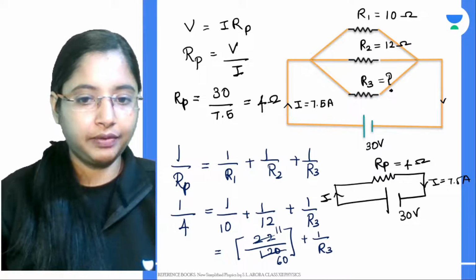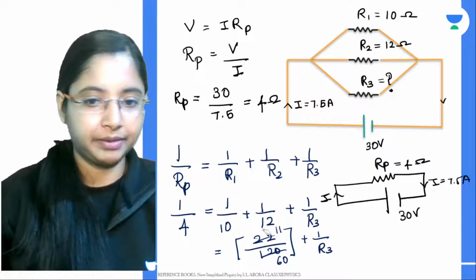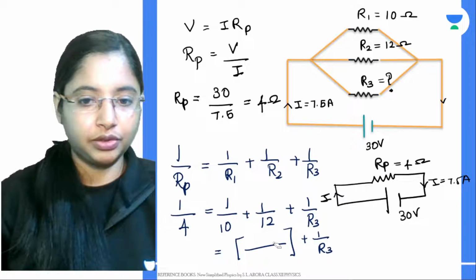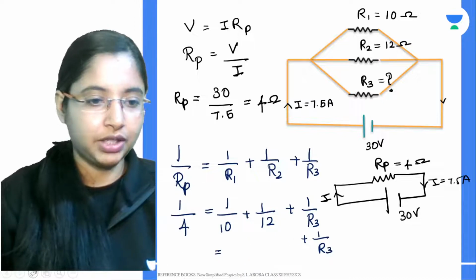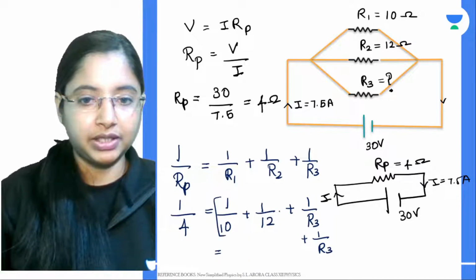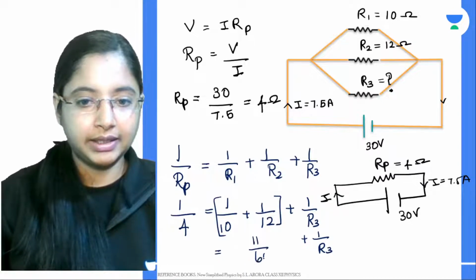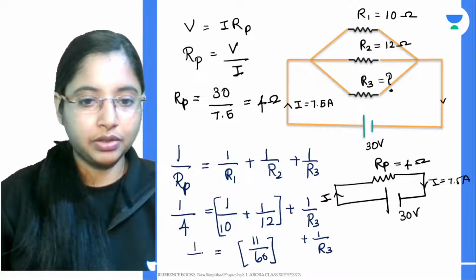So this combination of these two values becomes 11 by 60. And this side is 1 by 4.